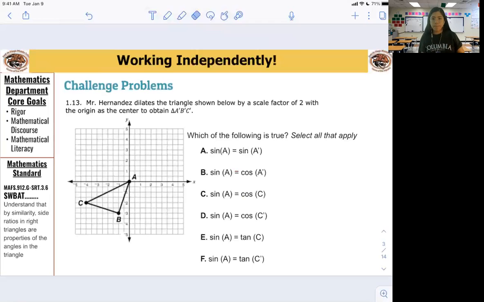One more minute. Okay, 10, 9, 8. I'm still waiting on 4 responses.